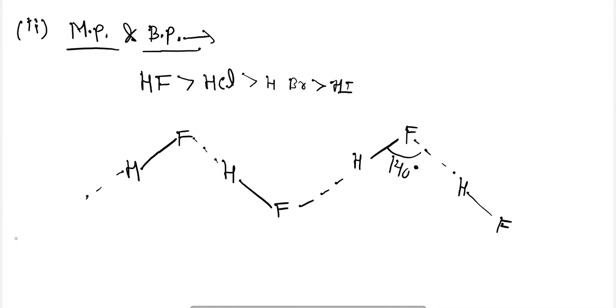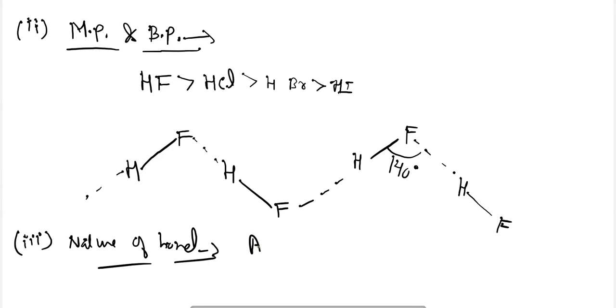Next is the nature of the bond. All hydrides of halogens are covalent compounds.